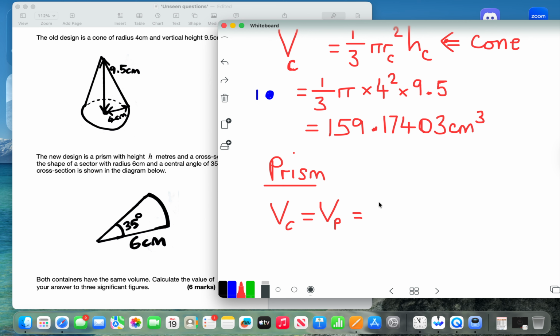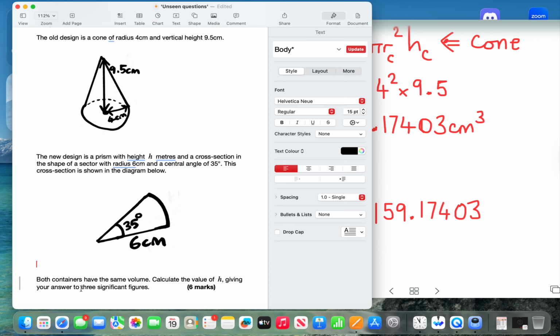And that's going to be, again, 159.174, sorry, 03. I want to keep a lot of decimal places or significant figures in this. If you round prematurely, then you run the risk of getting the wrong answer at the end. So you have to keep a lot more. The question does ask you to round to 3 significant figures, but that's only at the end.